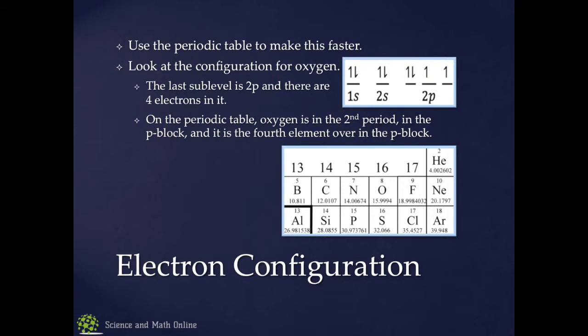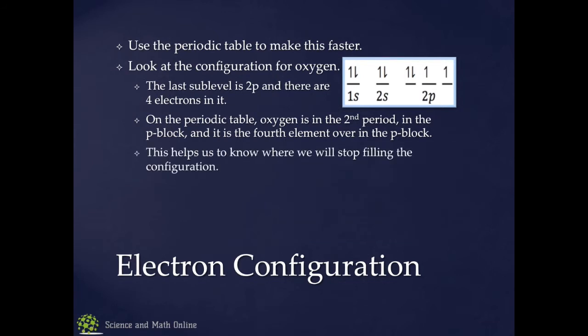If we look at the p block on the periodic table, oxygen is in the p block. It's in the second period, or the second row, and it's the 4th one over. So we can use this to help us do this so much faster.